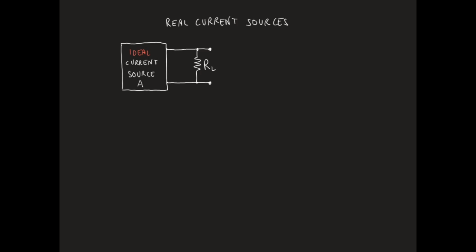In this case, if the current forced through the resistive load IL is equal to A, then the voltage across the same load by means of Ohm's law will be VL equal to A times RL.